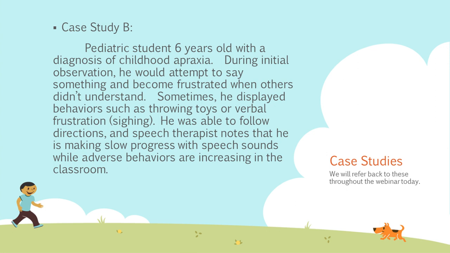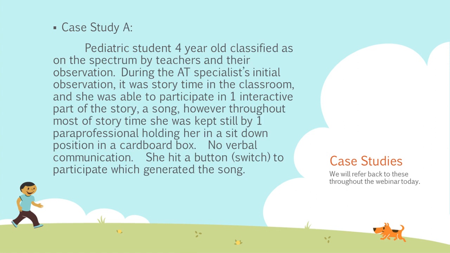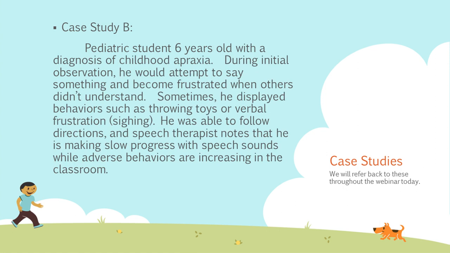So we're going to talk about him a little bit later. First of all, I have 2 children so far. This first one here is nonverbal, this little boy, and the next one here is trying to be verbal. Are their evaluations going to look the same?